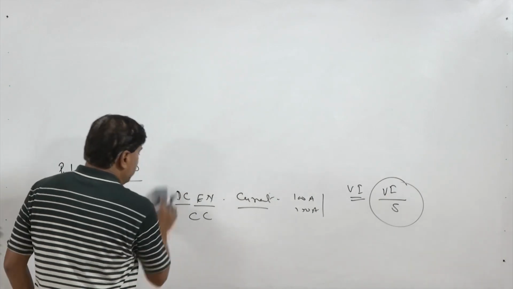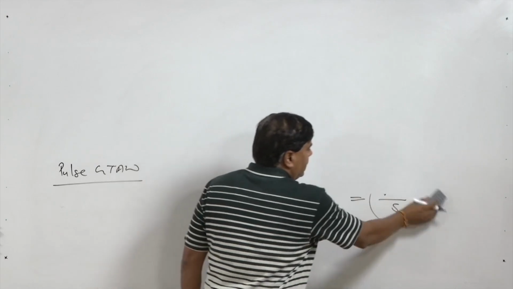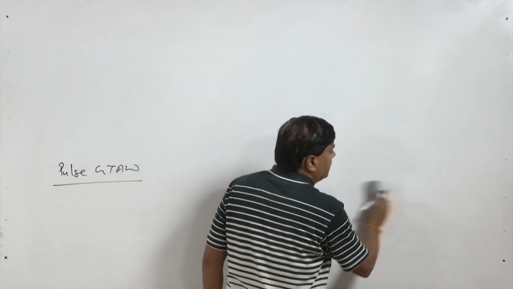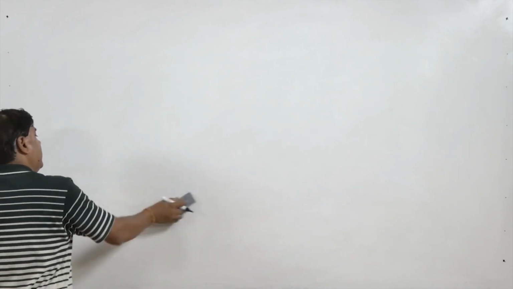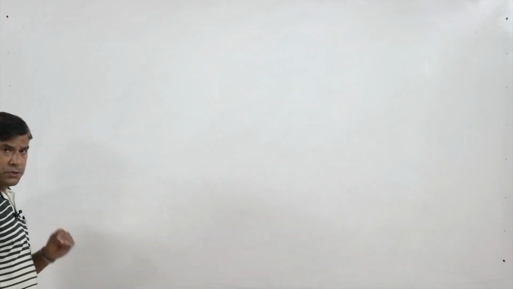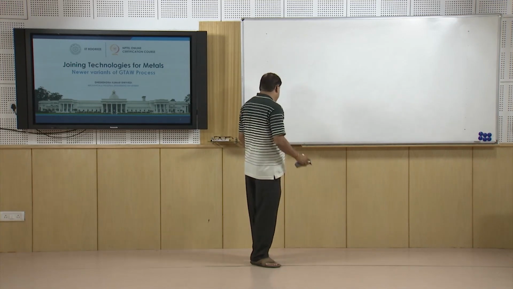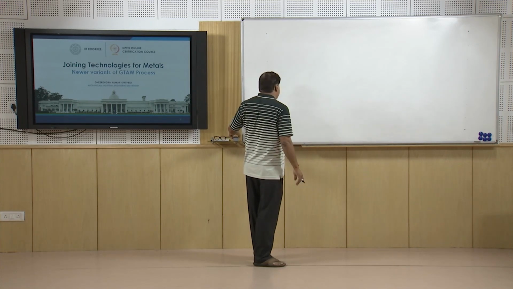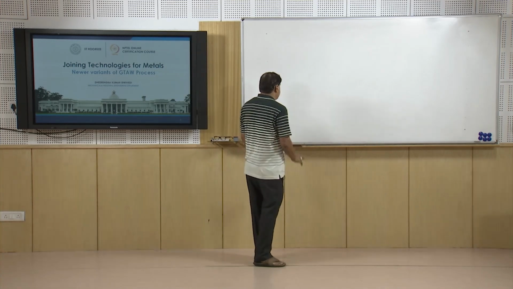But in this case, as you have seen, the penetration depth is limited, and the melting rate is low. So, efforts have been made to increase the penetration while maintaining the low heat input, the positive sides of the conventional GTAW.